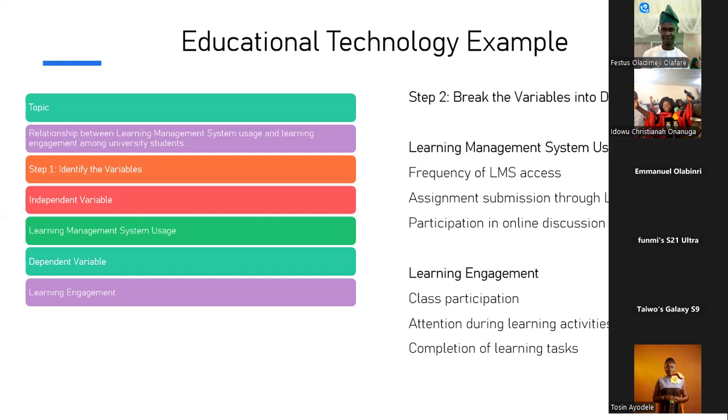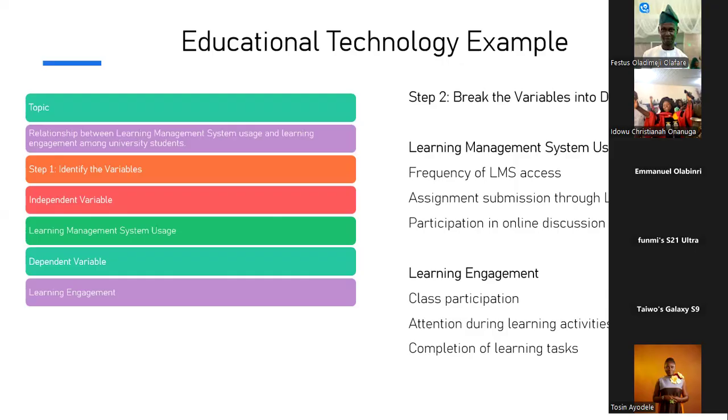At the end of the day, what you will be doing is what you are doing in your own study. After completion, I can look at it and say, okay, this person has broken down learning management system, but which aspect of learning engagement does learning management system usage actually facilitate the more? So in my own study, that is what I will do. So one thing that you don't cover in your own study, my own study is covering it.